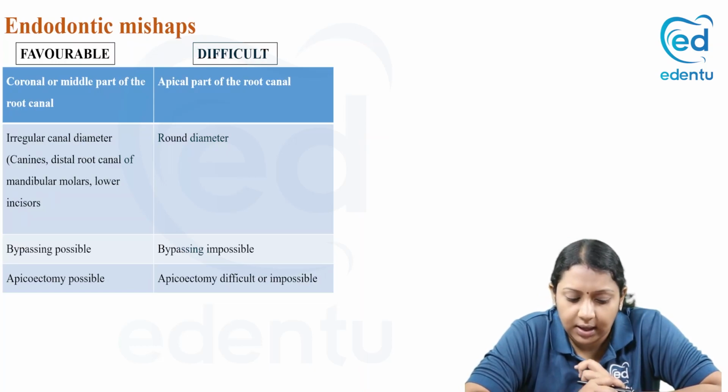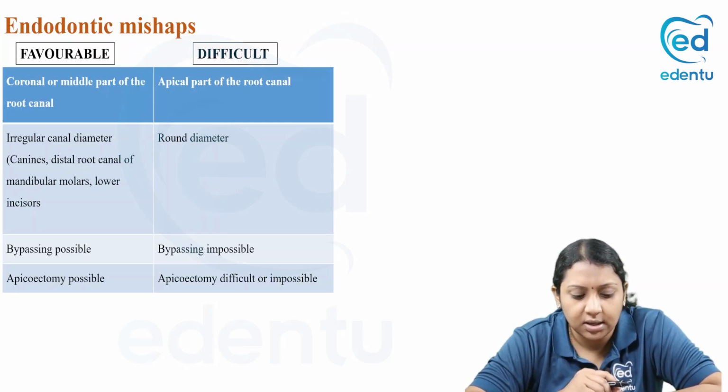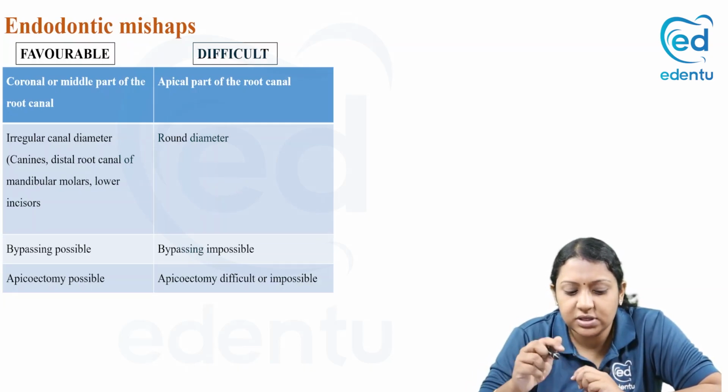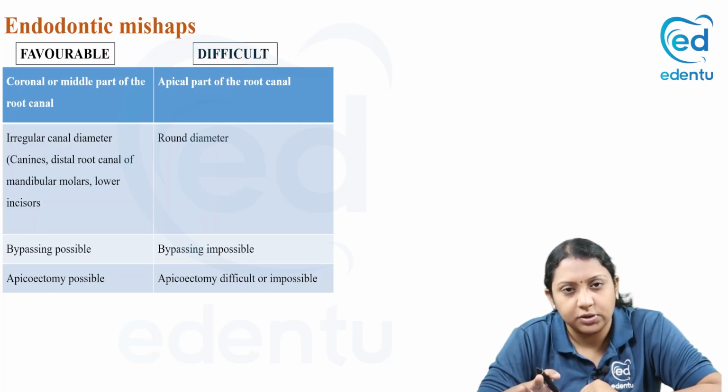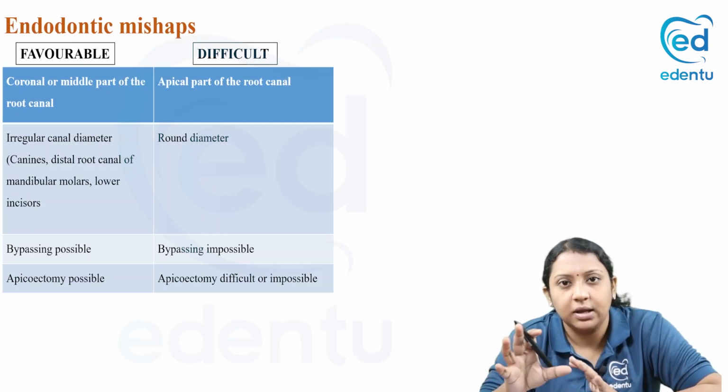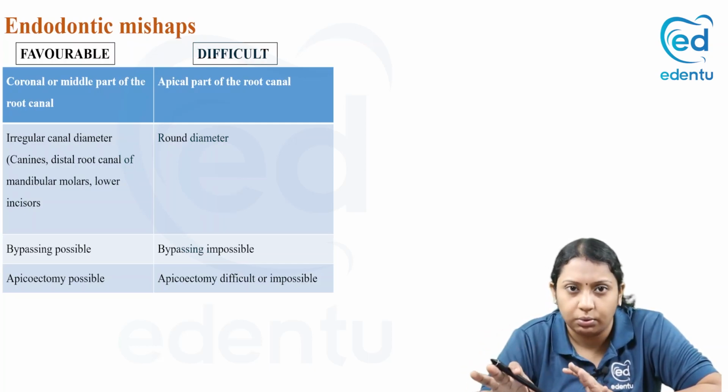Then irregular canal diameter like canines, distal root canals of mandibular molars, lower incisors, etc. It is favorable to remove. But if it is a round diameter, it is difficult to retrieve. Bypassing is possible. Bypassing is impossible in the apical part of the root canal.